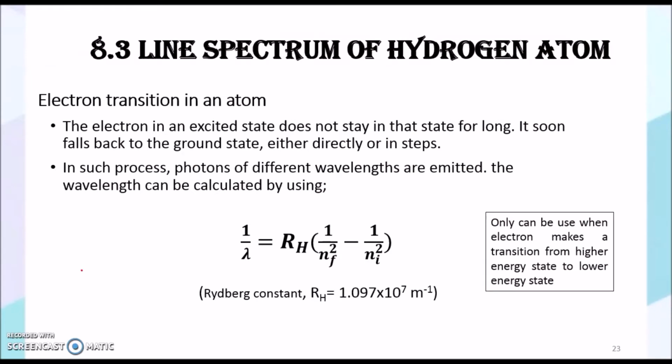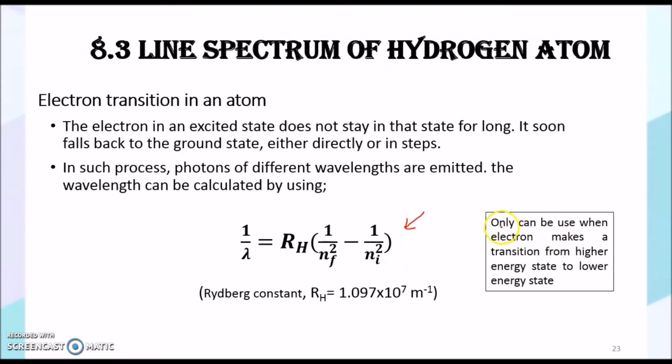During the transition of electrons, another equation that we can use to find the wavelength of energy emitted or the photon is this equation: 1 over lambda equal to Rydberg constant times with 1 over the energy level final square minus with 1 over the energy level initial square.